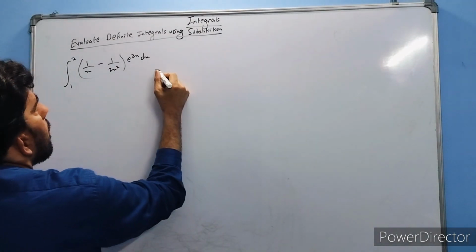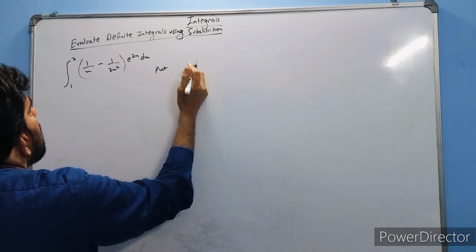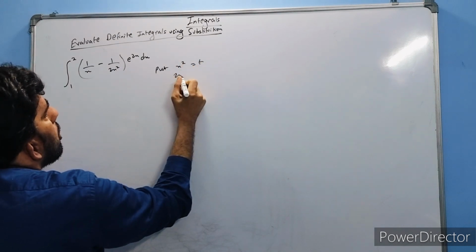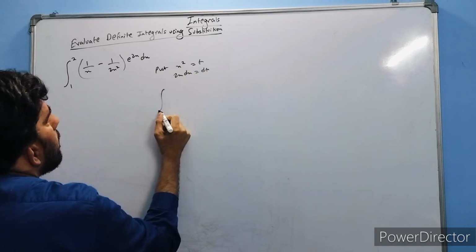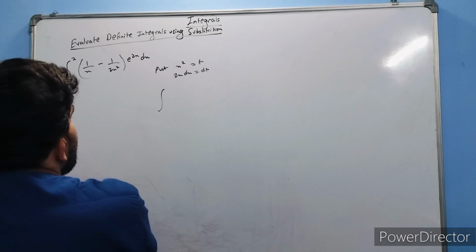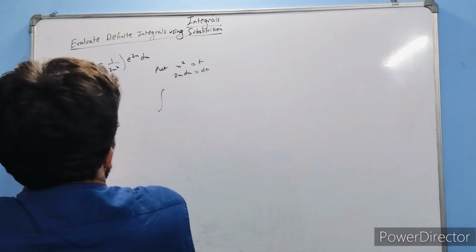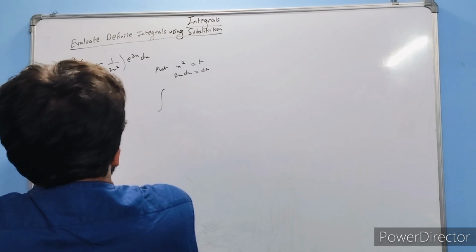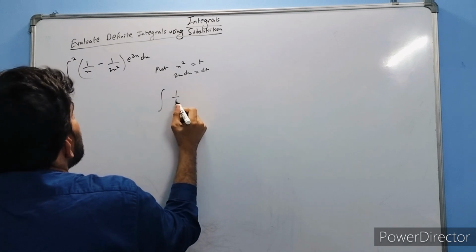Very easily we can put x square is equal to t, so that 2x dx is equal to dt. So here, what I can try to solve is, now we have x square is equal to t, that is x is equal to root t. Okay, so now what I will get here about the value t.